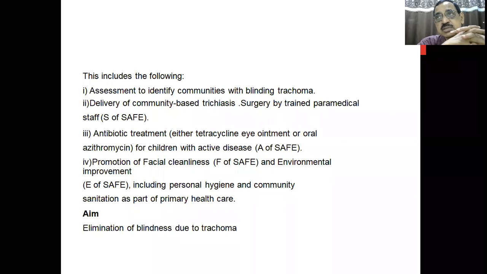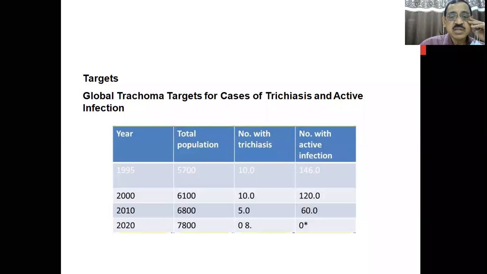So the knowledge of how the disease is spread, regarding fomites and all these things, we have to educate them, including personal hygiene and community sanitation as part of primary health care. And the aim is the elimination of blindness due to trachoma. So this is the aim under 2020. So these are the various global trachoma targets for cases of trichiasis and active infection.